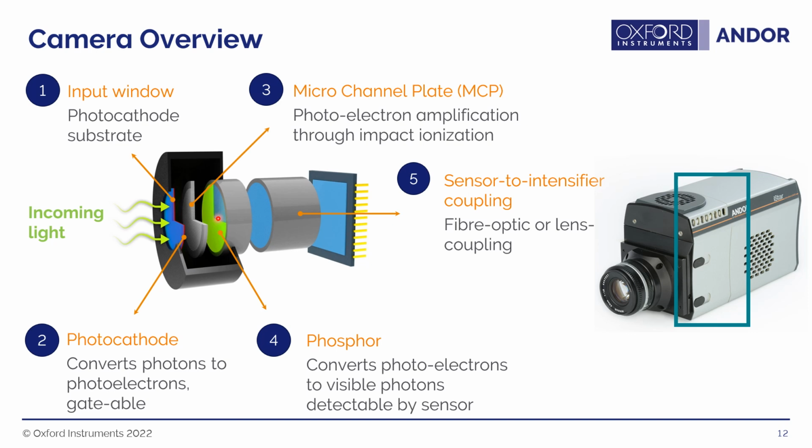That light is then sent to the appropriate place on the sensor through a sensor to intensifier coupling. Usually this is either a fiber optic bundle or lens coupling. And lastly, there's a 2D sensor, either a CCD or an sCMOS sensor. Most of the sensors we're focusing on today are the sCMOS sensor.